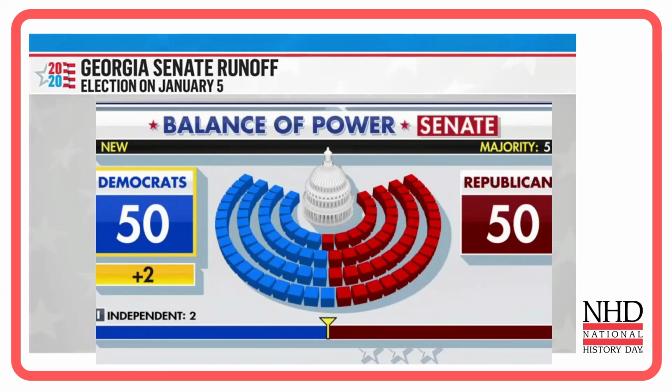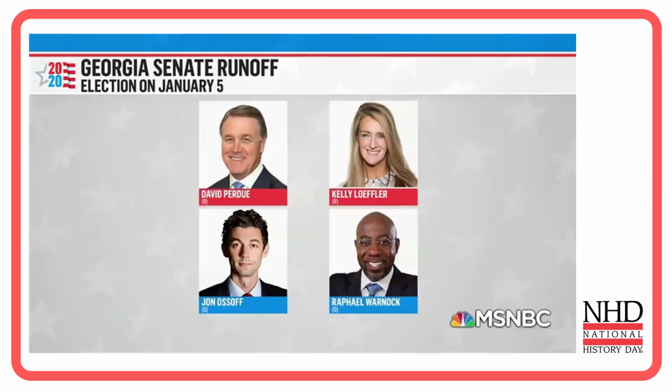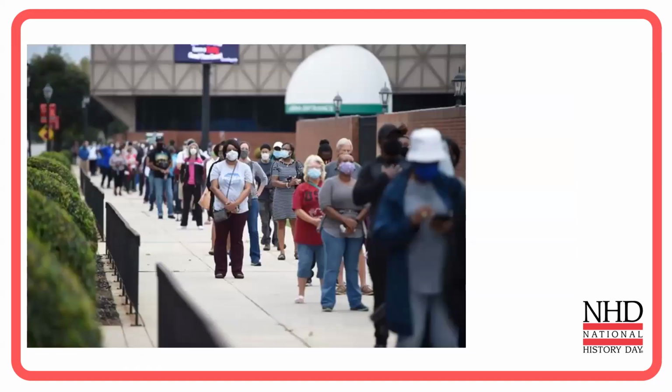We had two runoff elections in the state of Georgia that the Democrats were long shots to win either of, and terrible long shots to win both, and yet somehow managed to secure both of those seats. Where did that agency come from? Well, a lot of it came from the voters in Georgia who turned out to vote in the runoff elections.